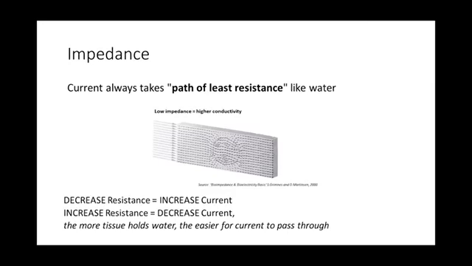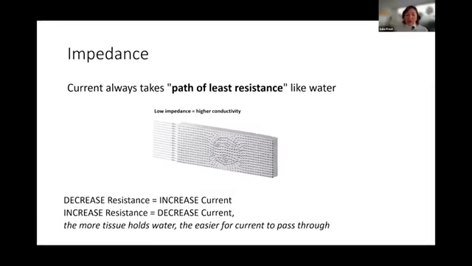Decreased resistance means increased current, and increased resistance means decreased current. The more tissue holds water, the easier for current to pass through. And here I want to tell you, children contain in their skin lots of water because they've got a very thick hyaluronic level.